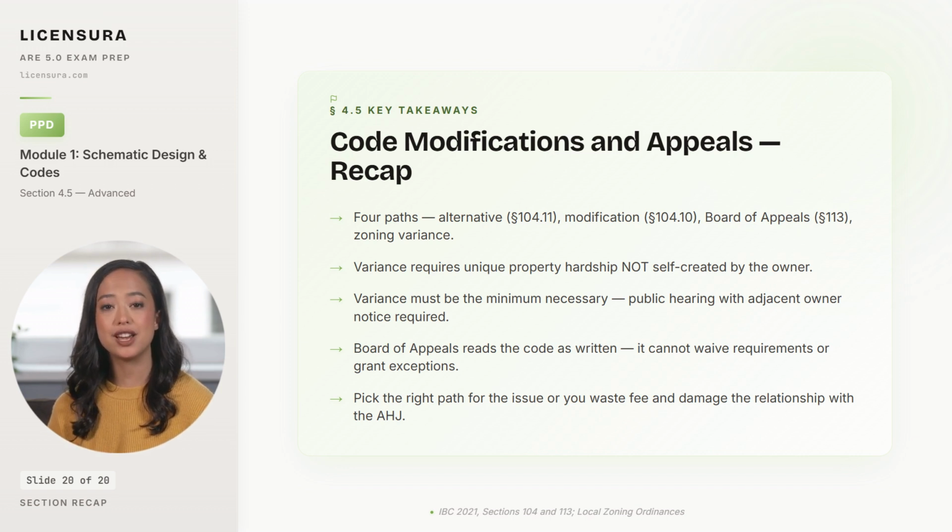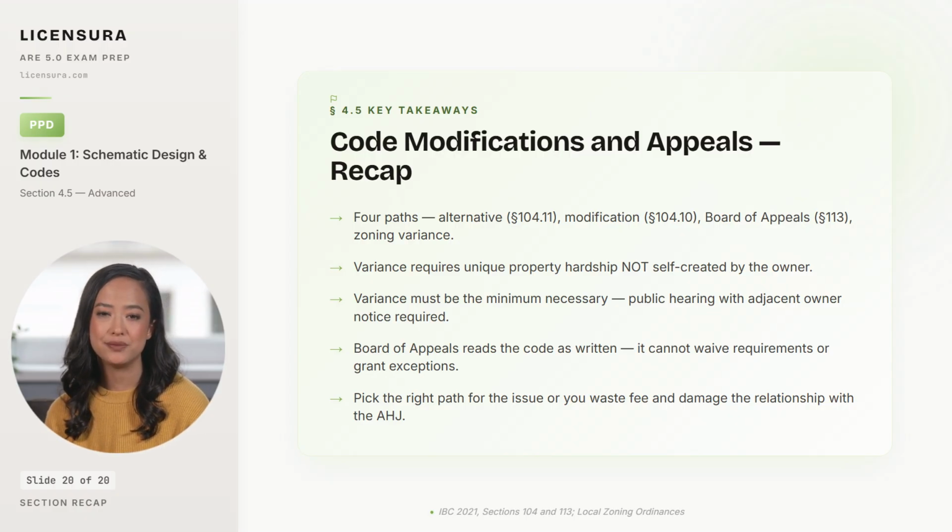Fourth, the Board of Appeals reviews the building official's interpretation of the IBC and decides whether that interpretation was applied correctly. The board cannot waive code requirements or grant exceptions. And fifth, picking the right path for the contested issue is half the battle. Alternative materials is not the right tool for a zoning setback dispute, and a Board of Appeals cannot grant a zoning variance.